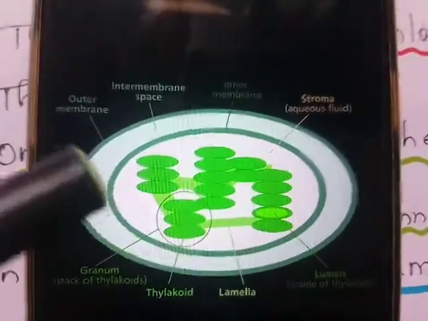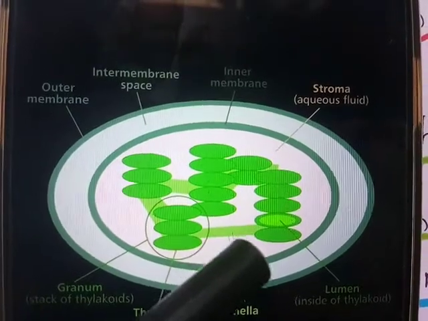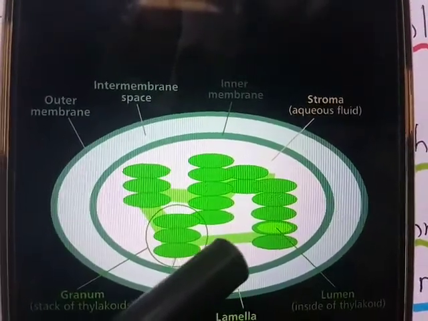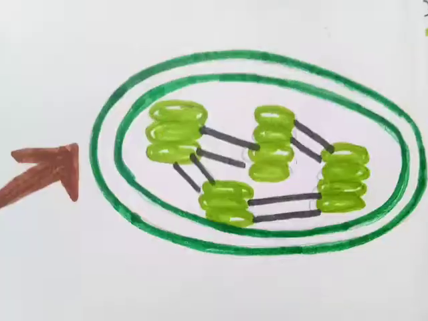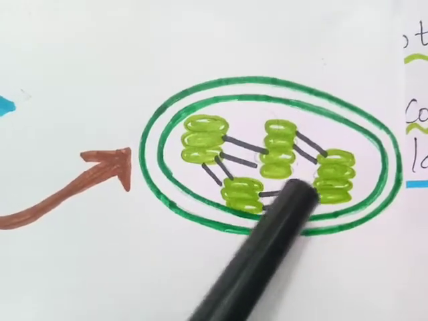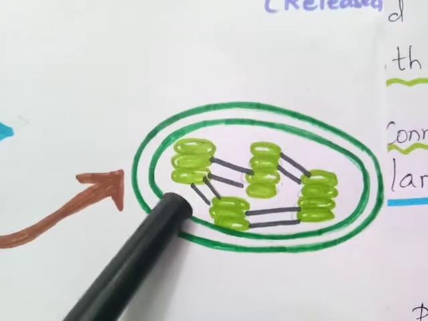See, they are parallel to each other. This one and this light green colored thing. So these black ones, which are arranged parallelly, are called the lamellae.